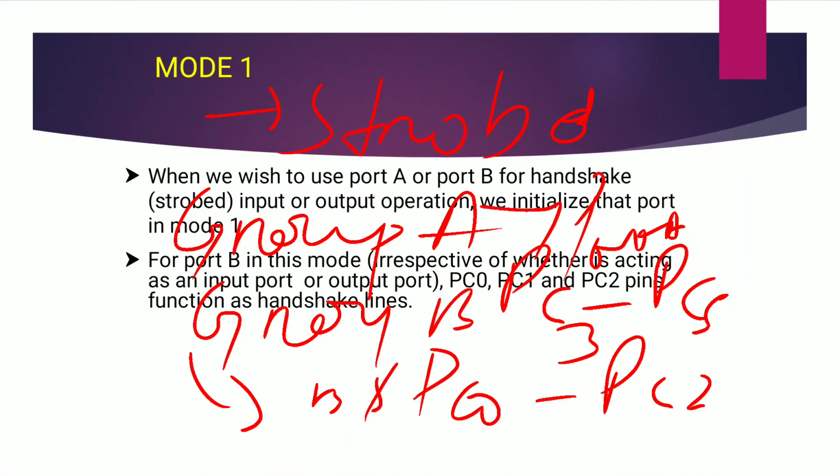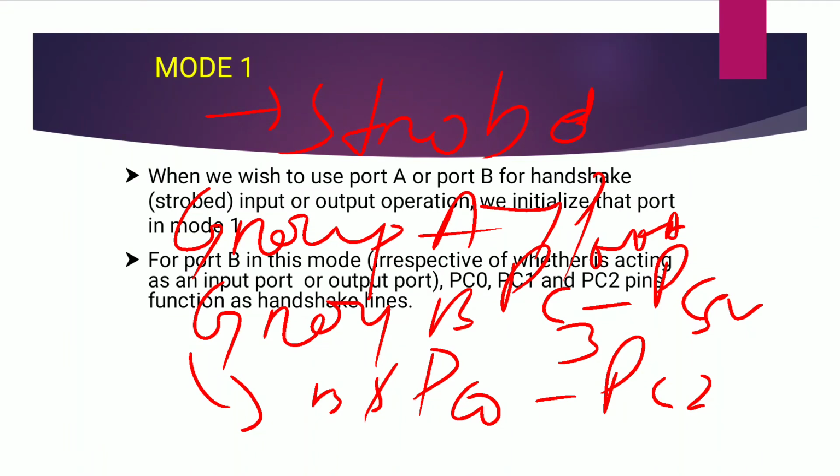Each group contains 8-bit data input output port and a control port. The 8-bit data port can be used as either input or output port. PC6 and PC7 are used as independent data lines.